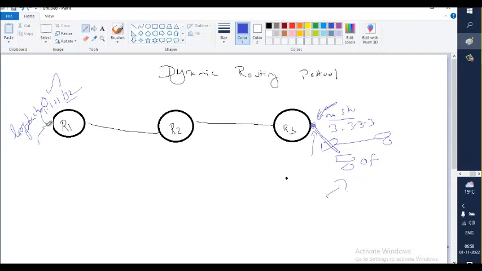When I have a loopback interface, there is no need for an IP address except this IP that we give on this loopback interface.